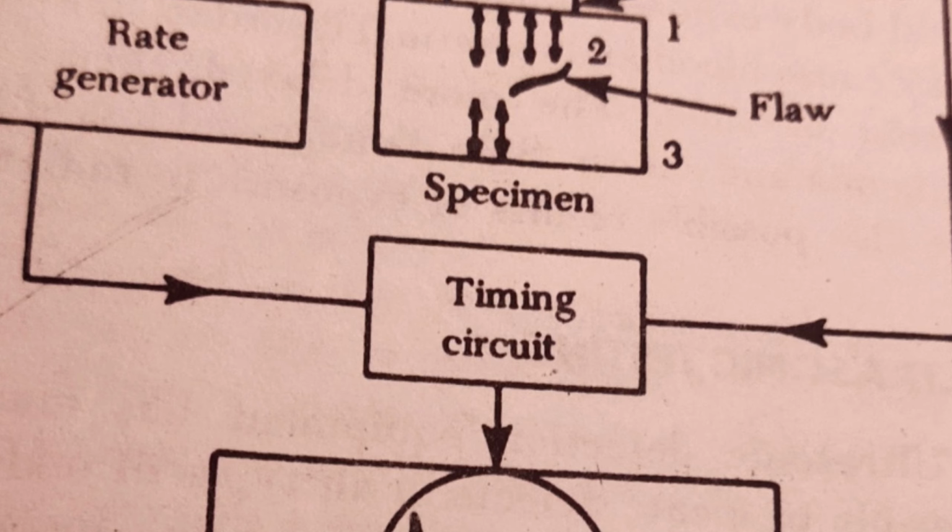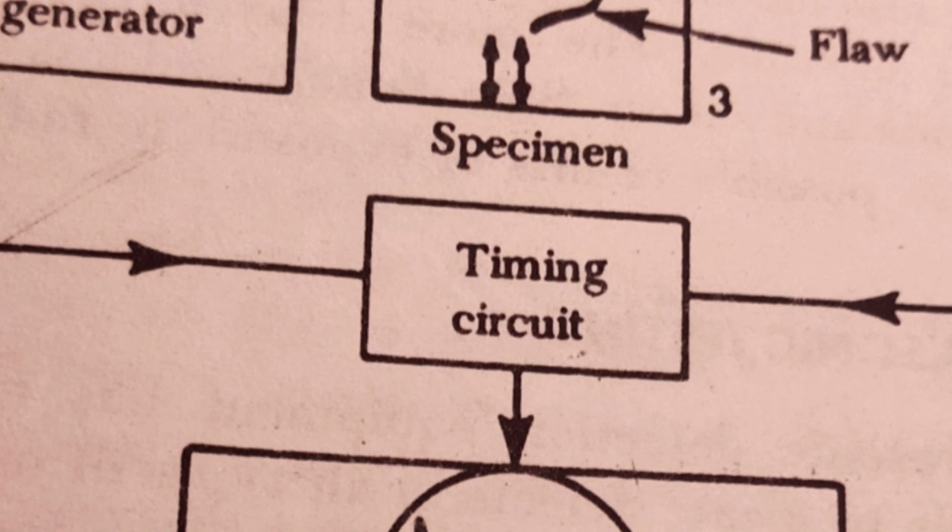In this pulse echo method, flaws are detected by measuring the amplitude of signals reflected and the time required for these signals to travel between the specimen surface and the discontinuity. The time base, which is triggered simultaneously with each transmitter pulse, causes a spot to sweep across the screen of the CRT, that is, cathode ray tube.